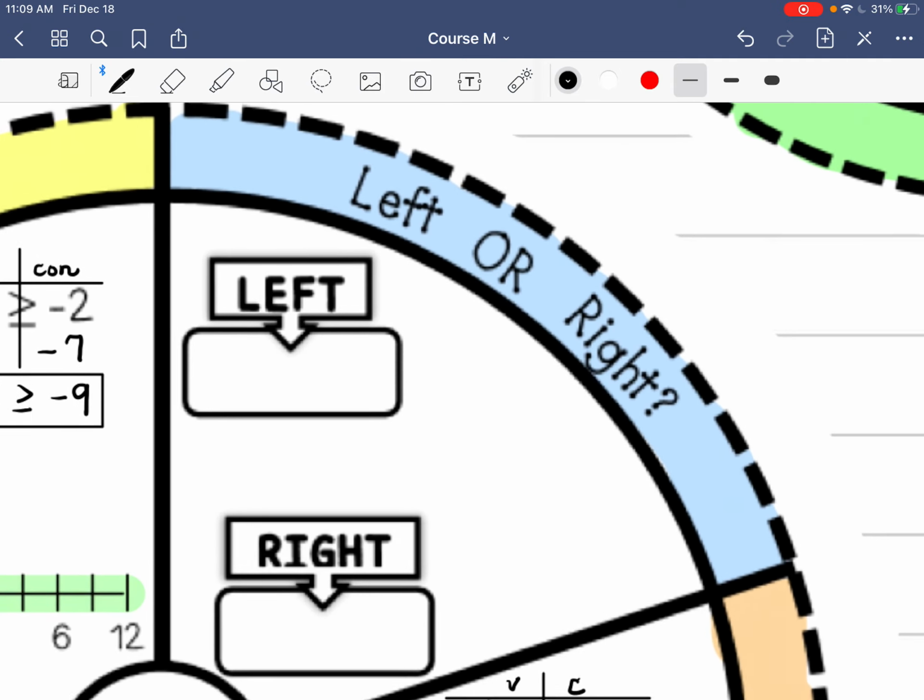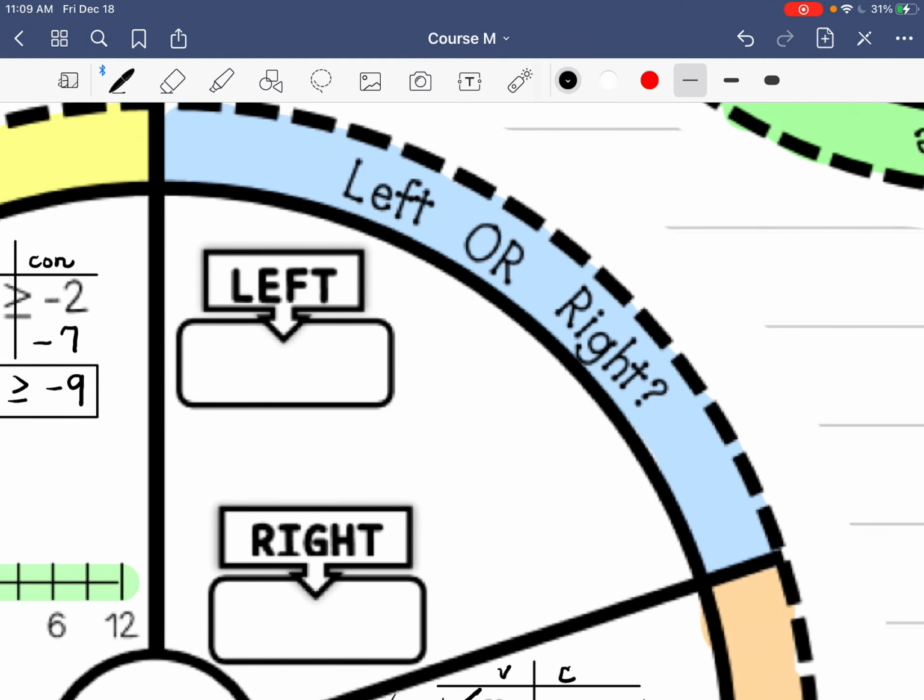Okay, again, we're focusing on signs. When do I color to the left and when do I color to the right? In other words, when do I shade on my number line? To the left, you're going to do that when you have a less than or a less than equal to.